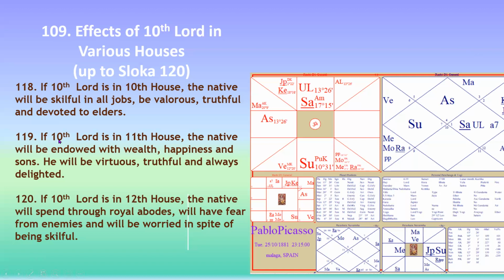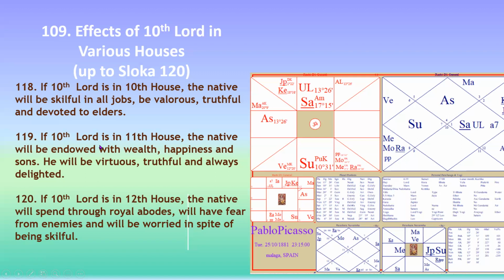Anyway, so moving forward, if the 10th Lord is in the 11th house, the native will be endowed with wealth, happiness, and sons. He'll be virtuous, truthful, and always delighted. So you see, this is all very positive, no matter which house it's going to. The 10th house, if there is an activation, I would want you to be focused on making sure that it's active.